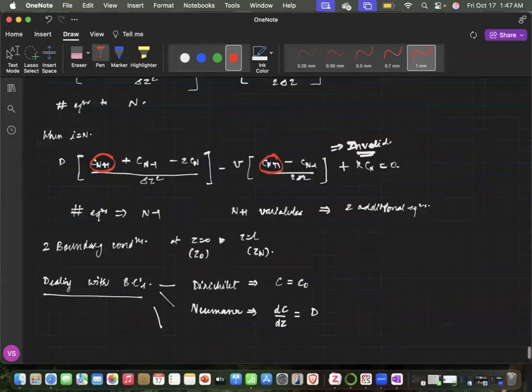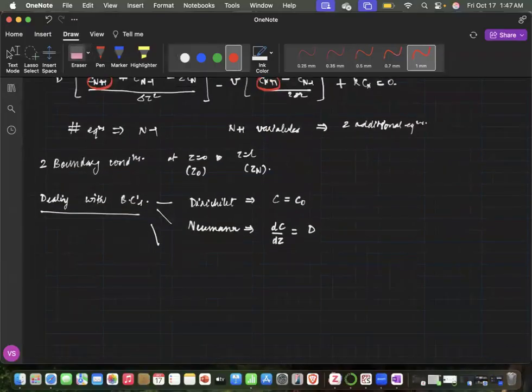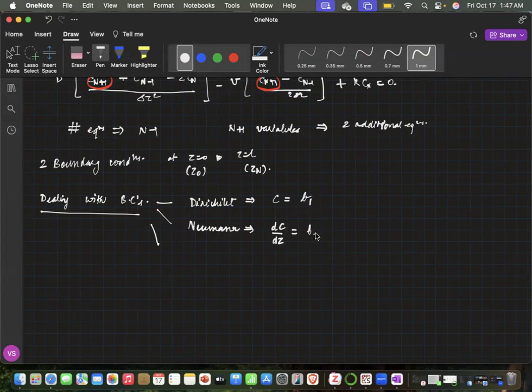Let's not call it D, let's call it C. Let's not call it C naught either. Let's call it B1 and let's call it B2. And after that, there could be a mixed boundary condition, where you have a combination of the Neumann and the Dirichlet boundary condition.